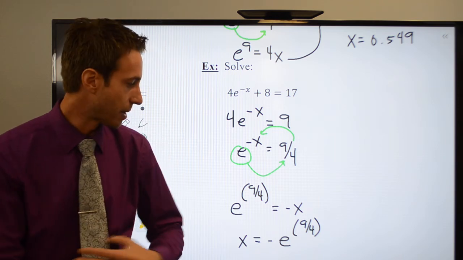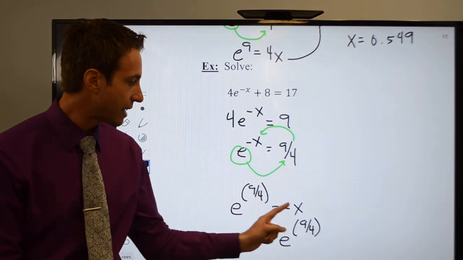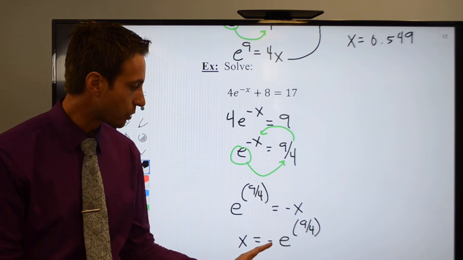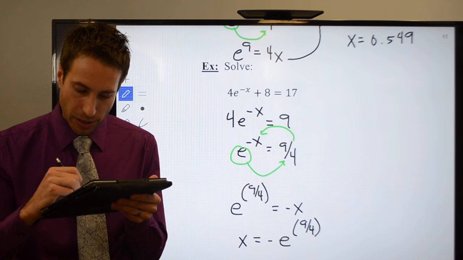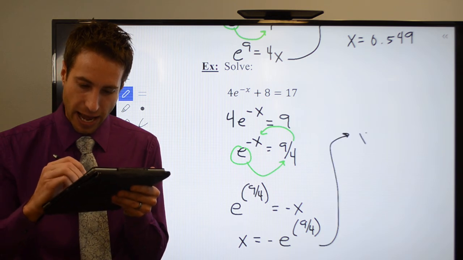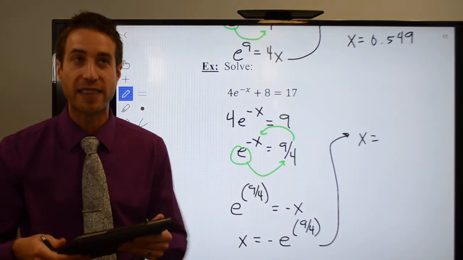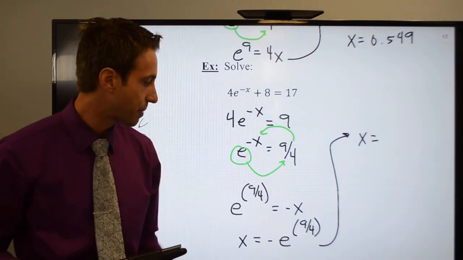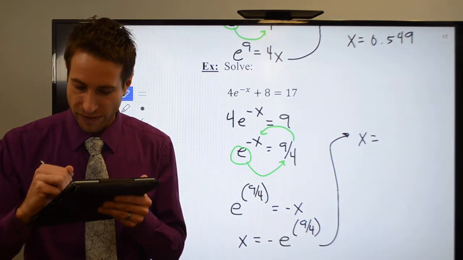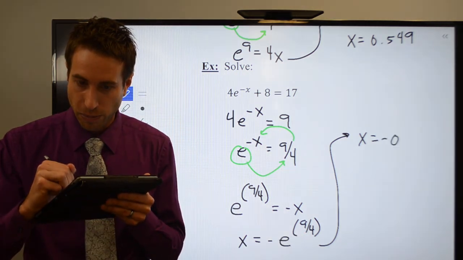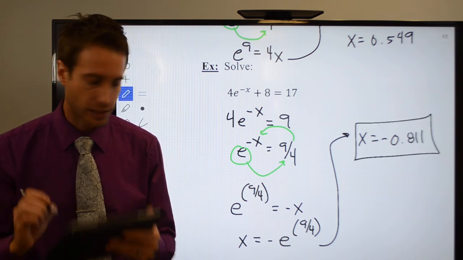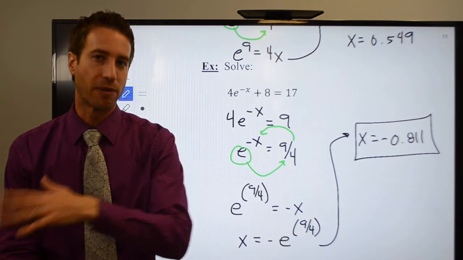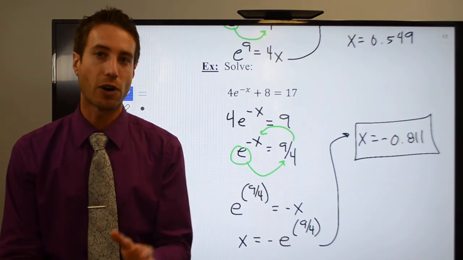Sorry, I apologize for that bell. So x will be equal to negative e raised to the 9/4 power. Again, you can put that into your calculator and you would do negative and then second ln to get the exponential raised to the 9/4 power, and if you do that, I get negative 0.811 as my answer.